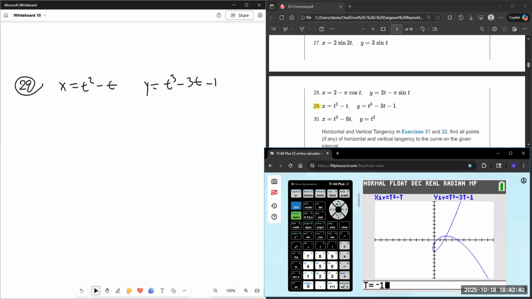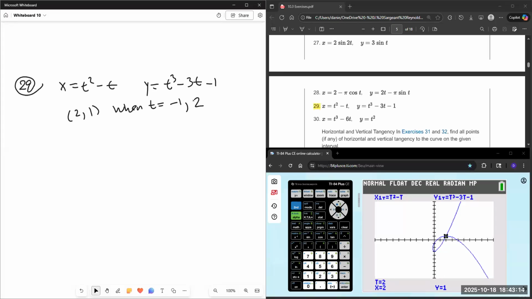T is -1, and that looks like (2, 1) for my point of intersection. And then I'm going to keep advancing to see the next time that it crosses there. Looks like t is 2, so I'm going to confirm. And t is 2. It's also at (2, 1).